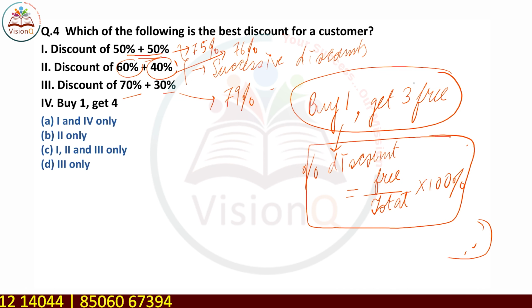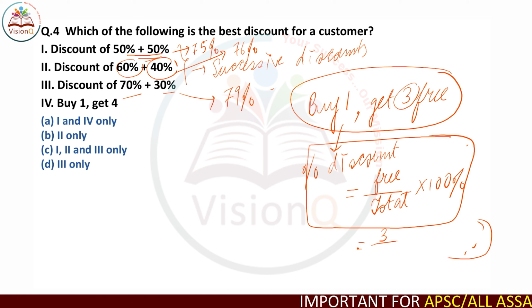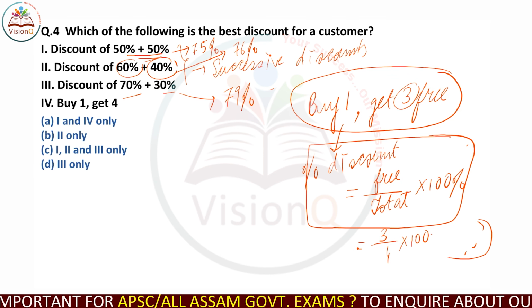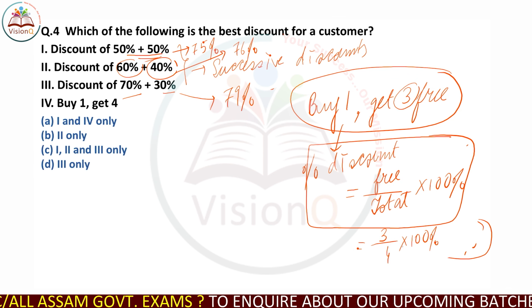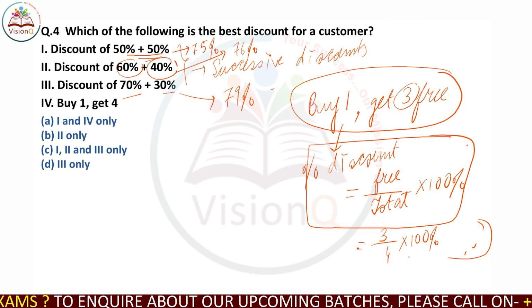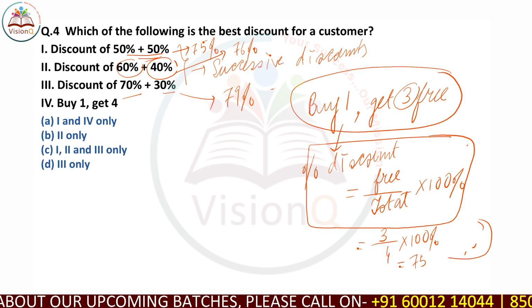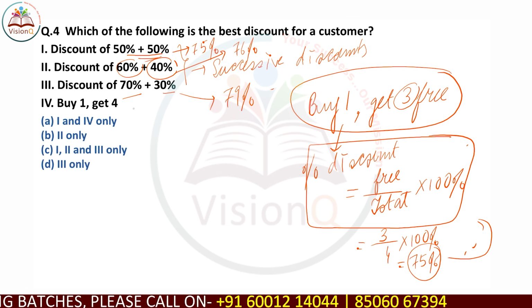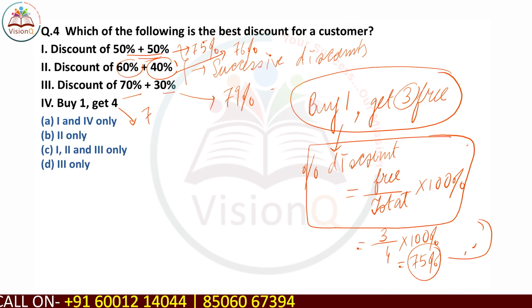Here the customer is getting 3 articles free out of a total of 1 plus 3, that is 4 articles, into 100%. 3 by 4 into 100% gives 75%. That means in the fourth condition, the customer is getting a discount of 75%.